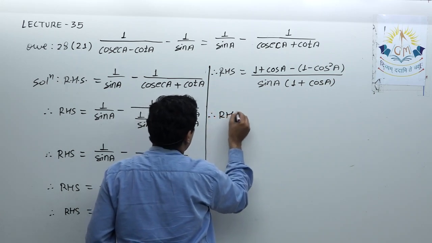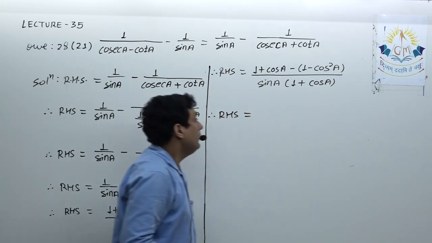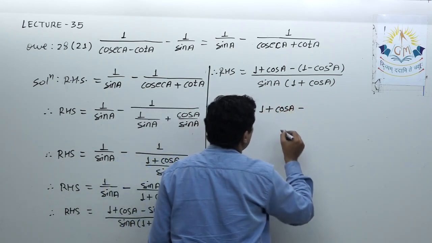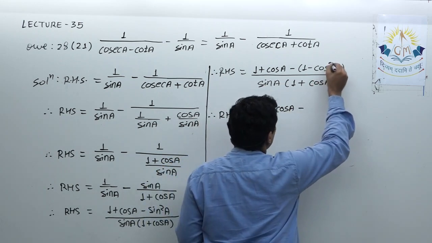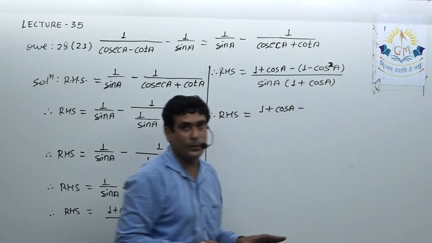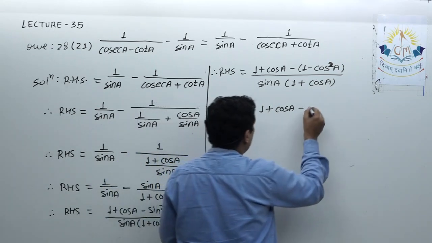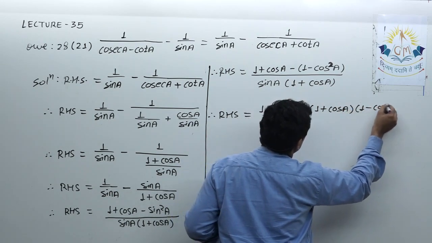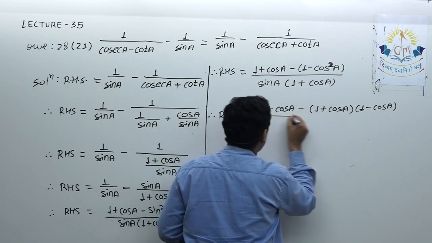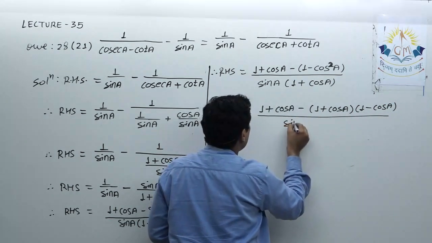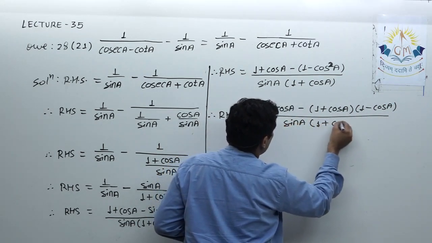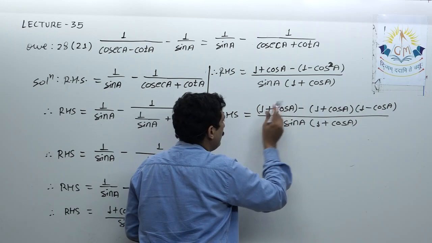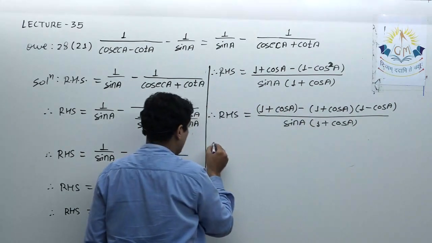Therefore RHS is equal to, now this will remain as it is, 1 plus cos A minus, here again I can apply the identity of A square minus B square, that is A plus B into A minus B. So I can write 1 plus cos A into 1 minus cos A, and the denominator remains as it is, that is sine A into 1 plus cos A. Now again if you observe carefully, take 1 plus cos A common.